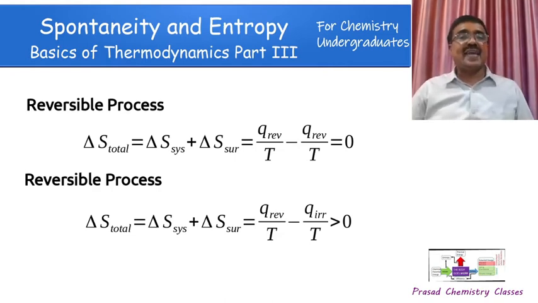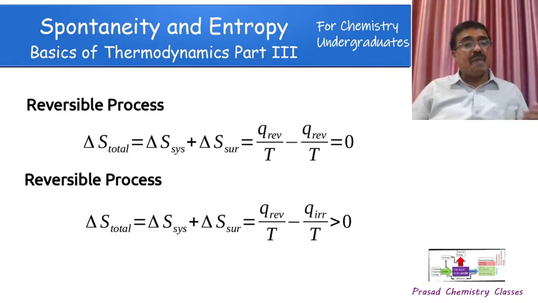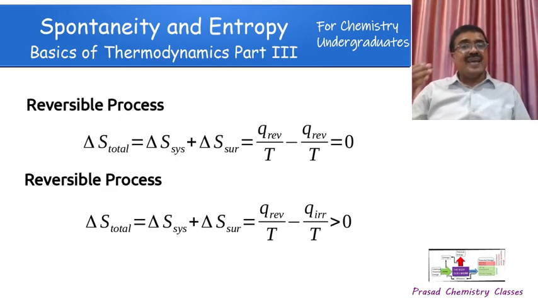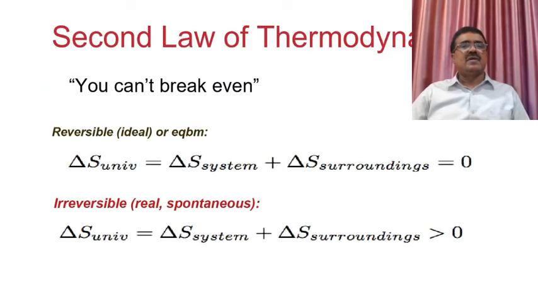So what does it indicate? Q reversible by T minus Q irreversible by T will be greater than 0. So in an irreversible process, the total change in entropy, of the system and surroundings taken together, is greater than 0. This is our second law of thermodynamics, actually.